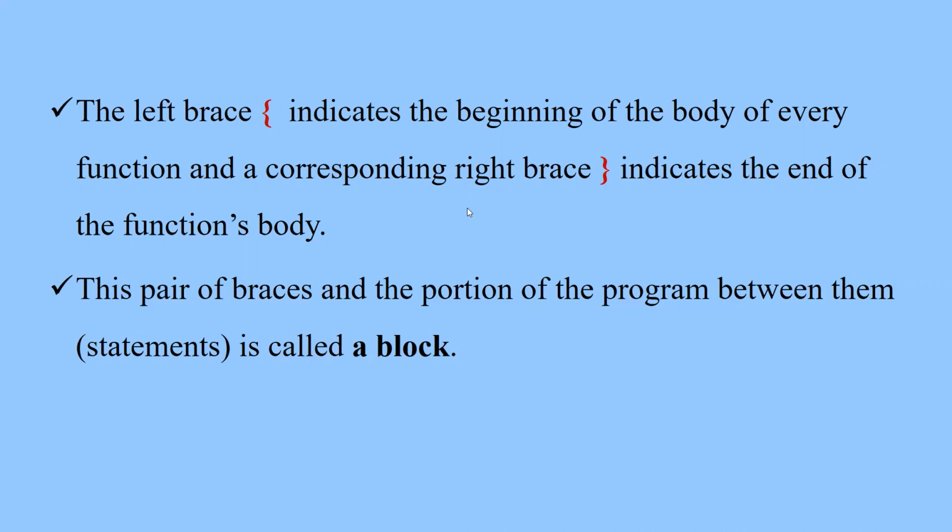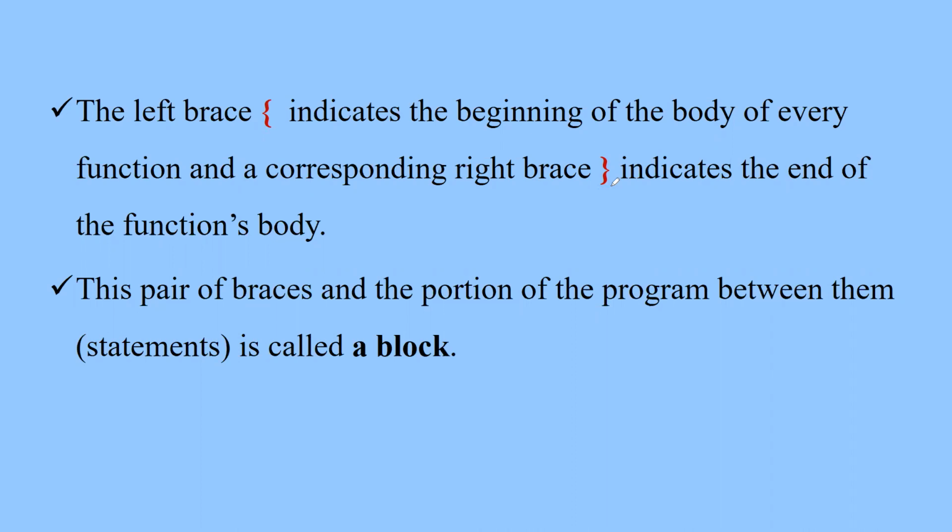In other words, whenever you have any function like main, you must have the left brace indicating the starting point of the body of that function. And at the end, after you have done everything in between and you are coming towards the end of that function, you are supposed to have the right brace. The right brace indicates the end of the function's body.